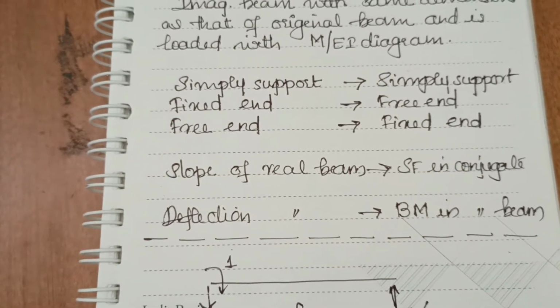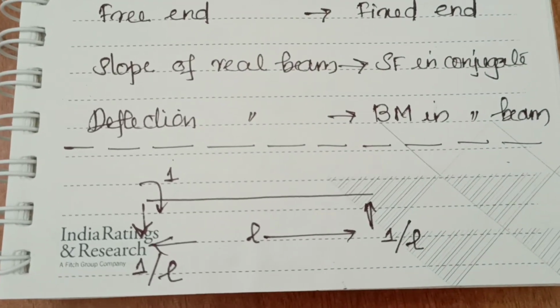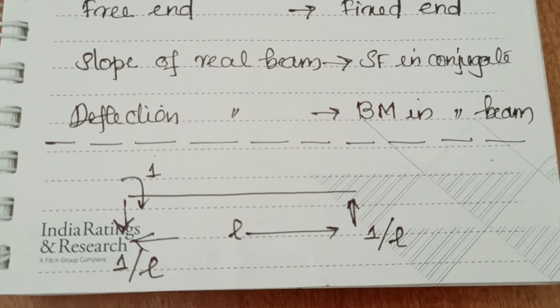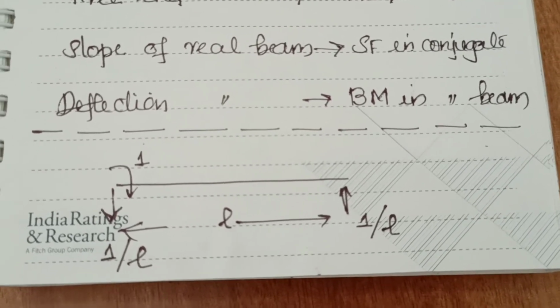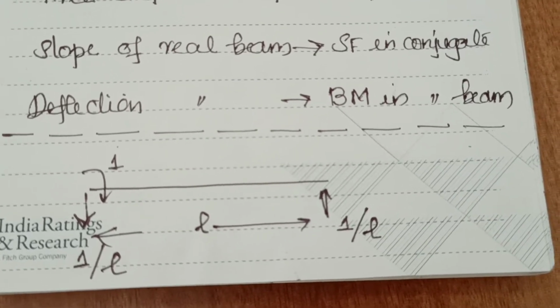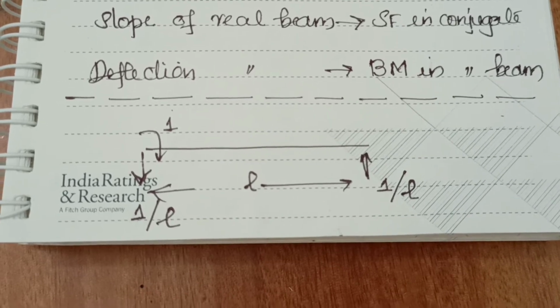Going to the derivation. Firstly, I am considering the moment at first point as unity. That is, I am applying a unit moment at first point. At the same time, the moment at second point is neglected.